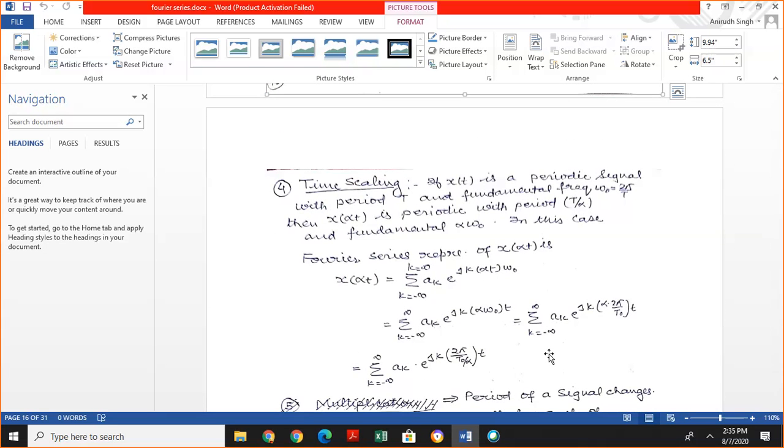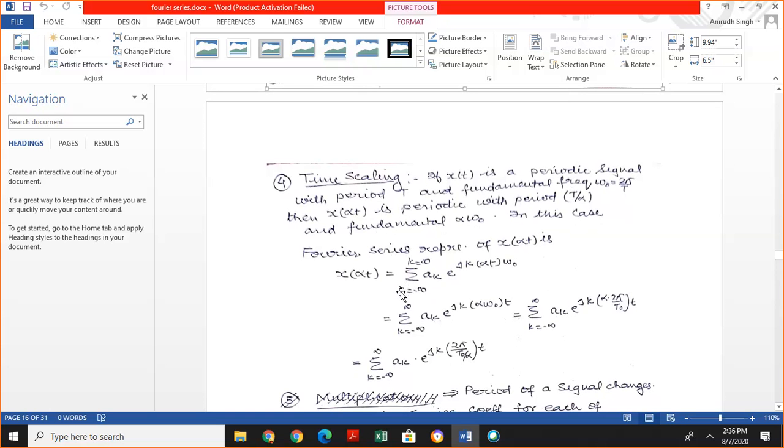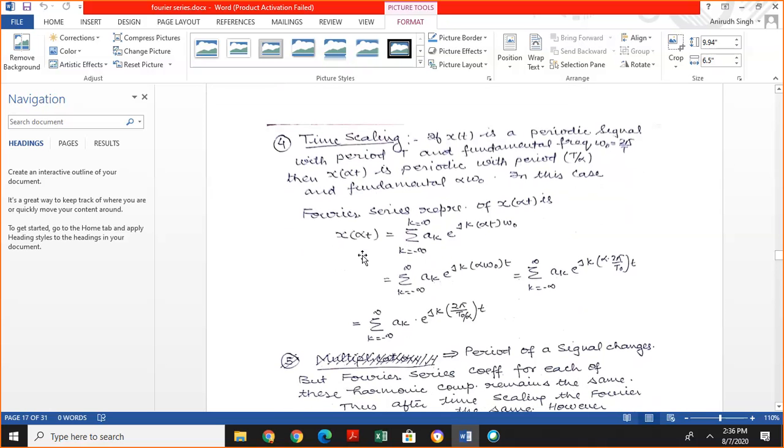Time scaling property. If x of t is a periodic signal with period T and fundamental frequency 2 pi by T, then x of alpha t is also periodic with period T by alpha and fundamental frequency alpha omega. In time scaling, we have to find the value of x of alpha t.